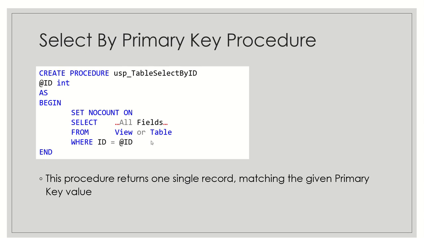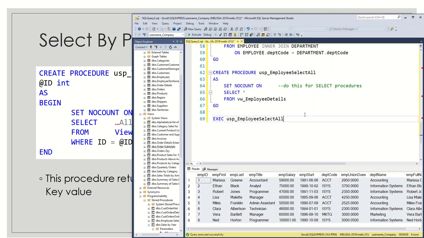And the where line should refer to the primary key of the table that you're trying to select from. So let's move down underneath this exec statement. So we're going to create a procedure, the name of the table, and then select by ID. Now we need the input parameter, telling it which employee ID to select.